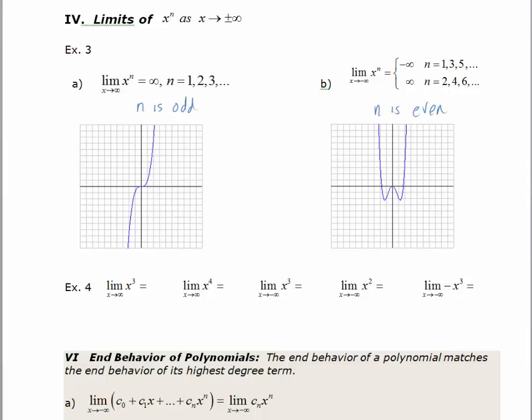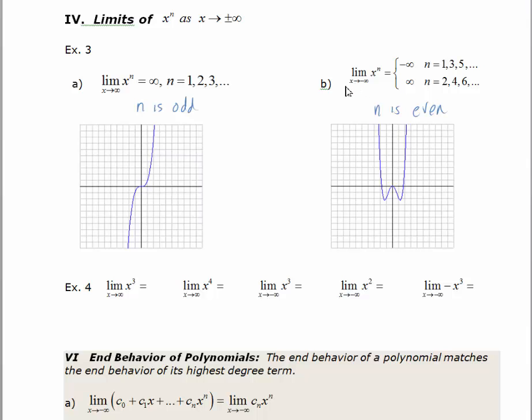And we'll first focus on the limit as x approaches infinity of x to the n when n is odd. In this case, as x goes to infinity, the y values are growing without bound. So if n is odd and x goes to infinity, then x to the n also goes to infinity. Your function is growing without bound.